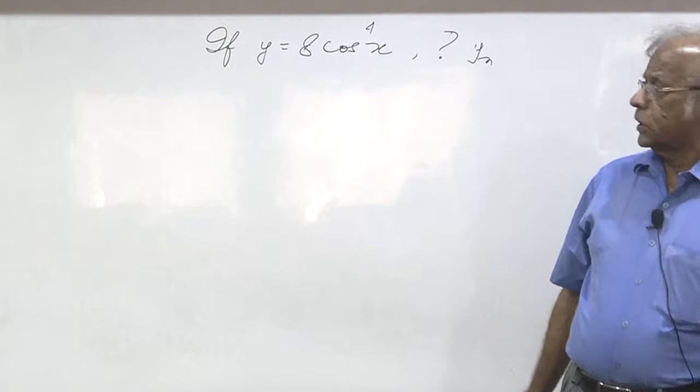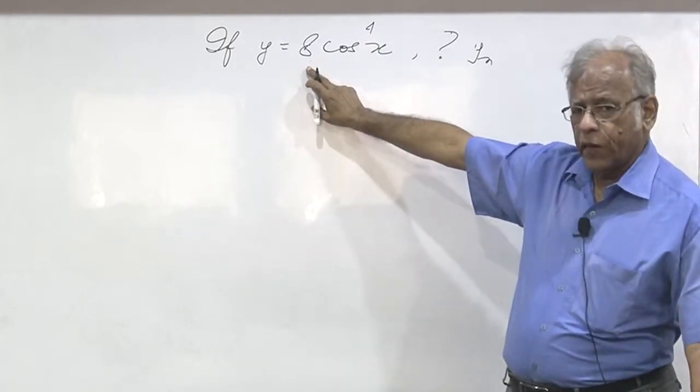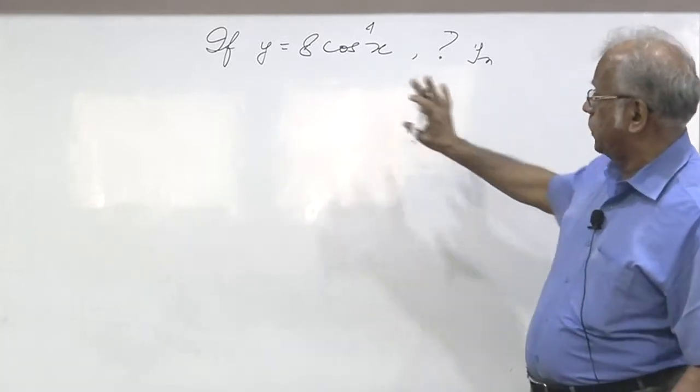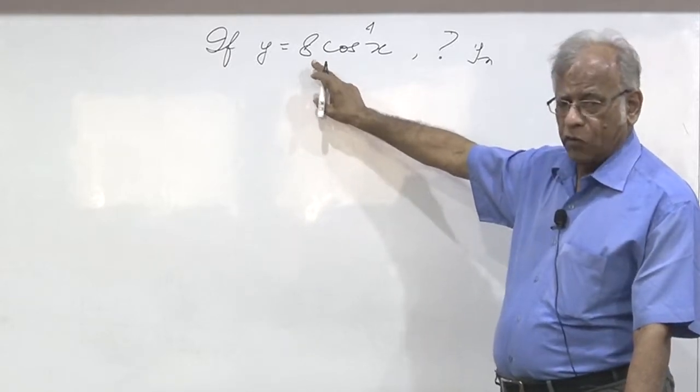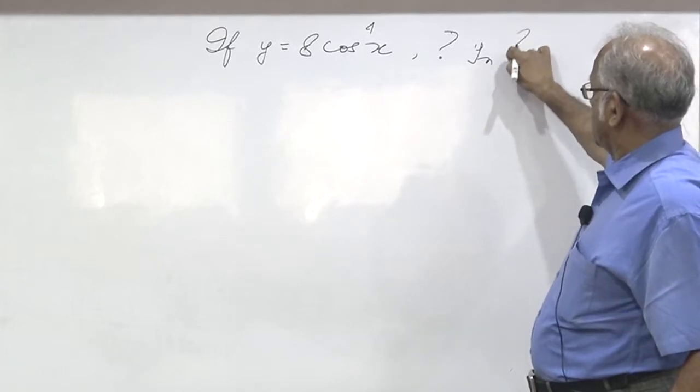If y is cos x raised to the power of 4 and there is a multiplying factor 8 which has been inserted purposely, because the moment I start doing the problem, you will see the need for this kind of a 8 or 4. We will see that as we go across.